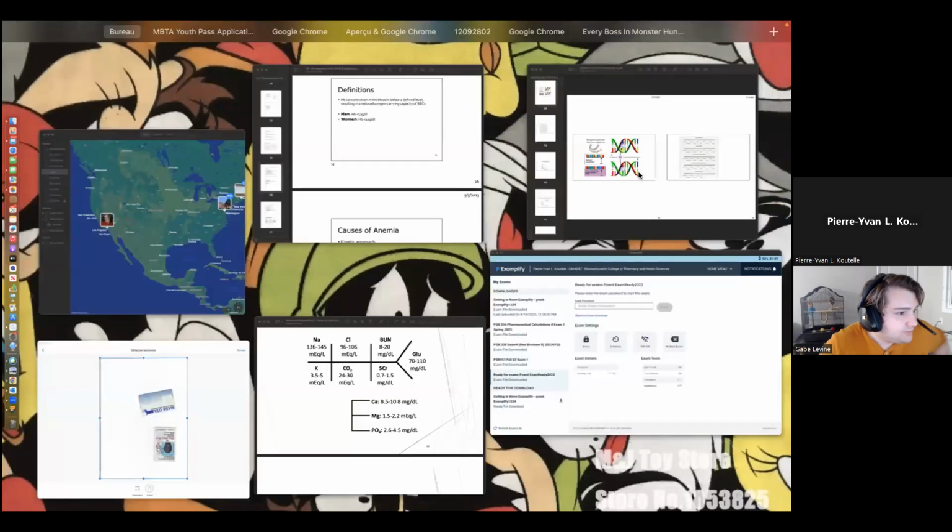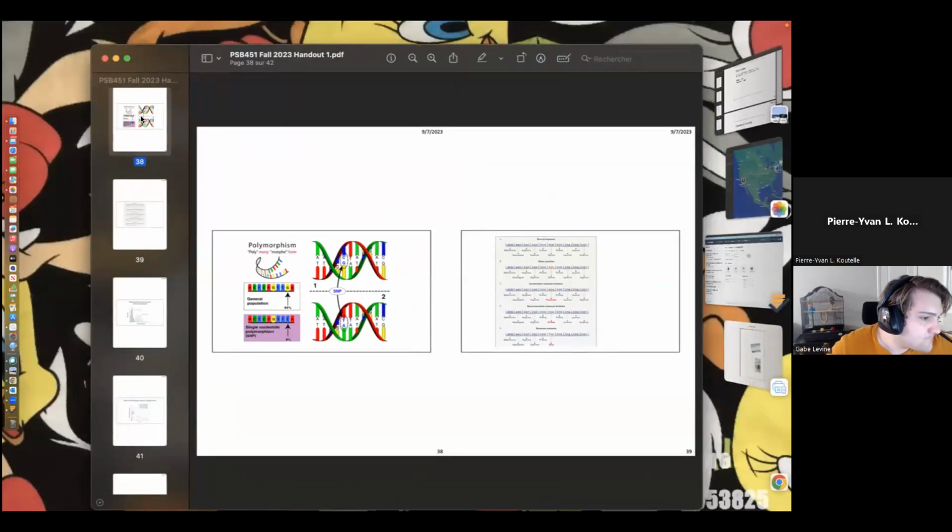Can you see what I see? No. Okay, this is great. How about now? When you want to share screen, where do you click? There should be a button share screen down below. Yeah. Okay, it's right here. This is the one.